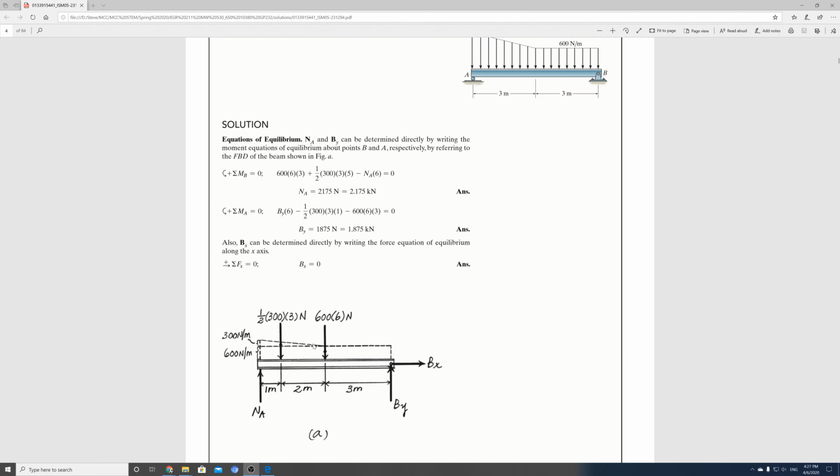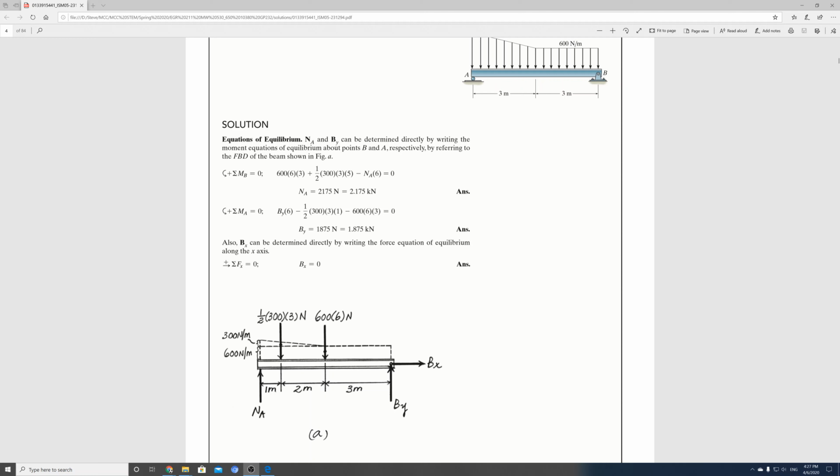And then the other two cause clockwise rotation about point A, so these two would be negative. So it's the 450 times 1 meter, which is negative, and then 3,600 times 3 meters, equals 0. And then you could solve for B_Y.